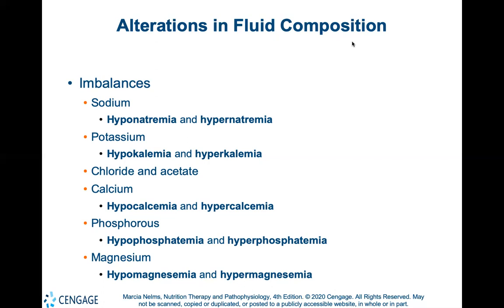Hypokalemia. Hypokalemia can result from an inadequate dietary intake of potassium, increased loss from the gastrointestinal tract, such as diarrhea or vomiting, or increased renal excretion of potassium, such as with the use of diuretics. Vomiting, nasogastric suction, and diarrhea are common gastrointestinal origins of hypokalemia.